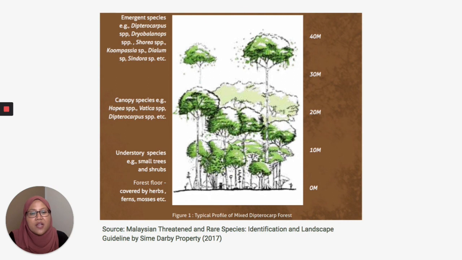And on the third layer are canopy species such as Hopea, Vatica, and Dipterocarpus species. While at the very top, which could reach up to 40 meters, are emergent species such as Dipterocarpus, Shorea, Koompassia, and others. So when we look into the different profiles of the vegetation, we can also think about how there might be different species of wildlife and birds that inhabit those different levels.